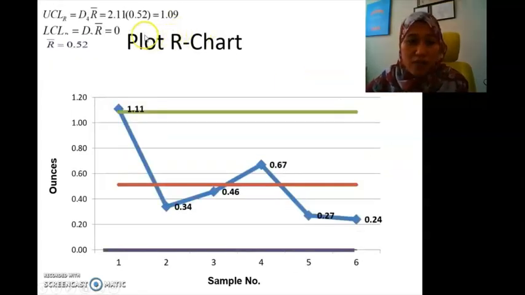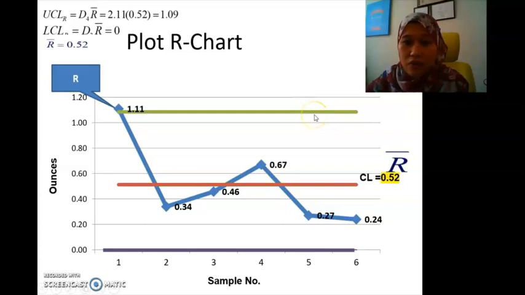Okay, now we need to develop the R chart. For the R chart, we need to set the scale here, and these are the sample numbers. Again, what do we need to plot here? These are the R values that we calculated in the table, remember? So we plot samples 1, 2, 3, 4, 5, and 6. And don't forget the central line, which is the R bar, 0.52.